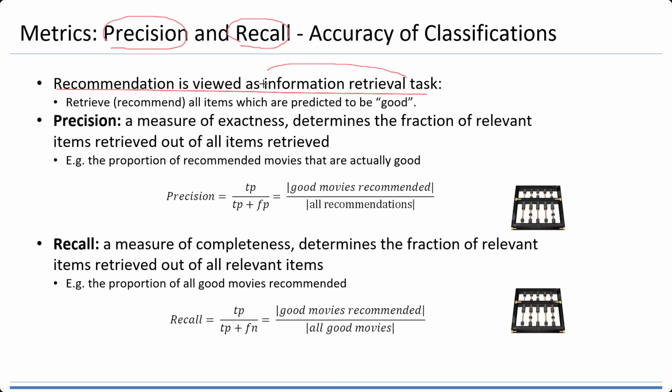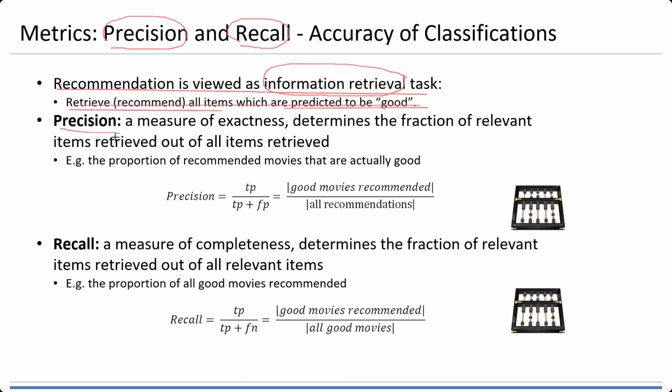We call it information retrieval when we extract information and we want to know whether the information we extract, or the retrieved items, is good or not. So retrieve or recommend all items which are predicted to be good.